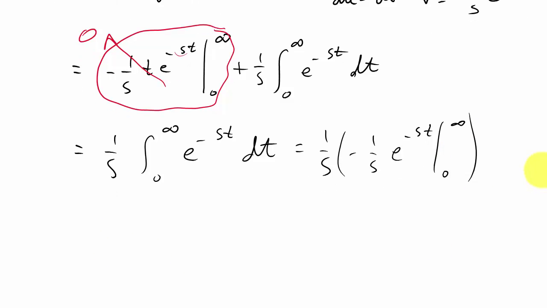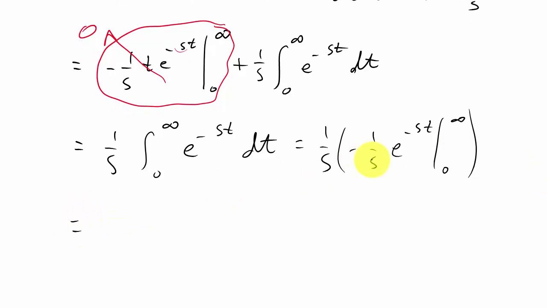Alright, so let's multiply these two. That's going to be negative 1 over s squared times e to the negative st from 0 to infinity.